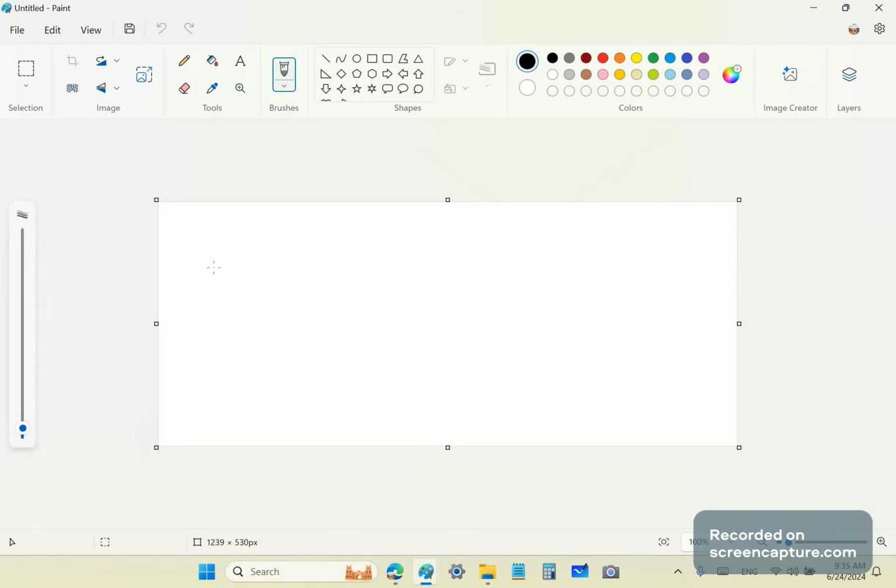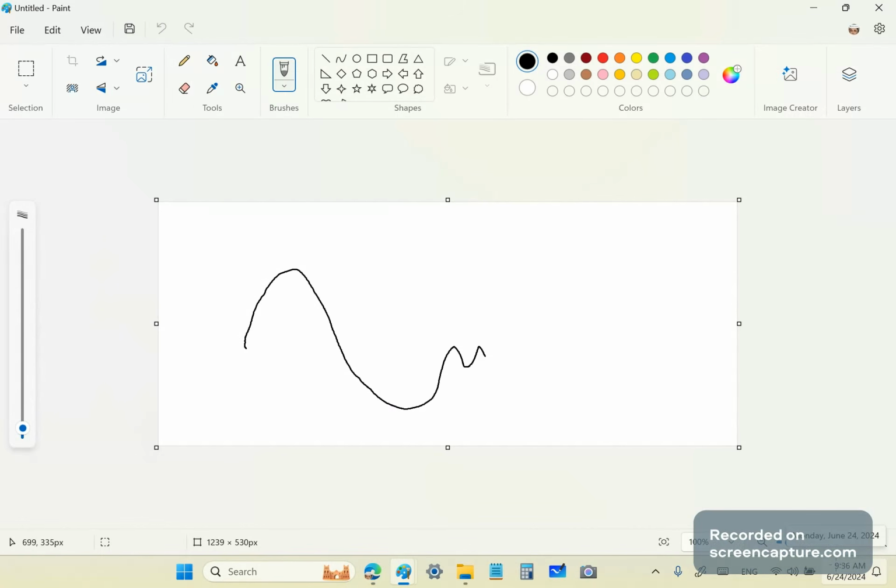So if you look over here, suppose you have a curve like this. Okay, something like this. It still applies here too. And how's that?